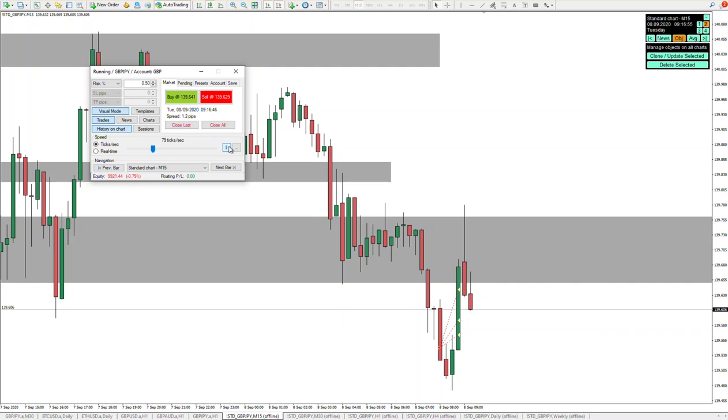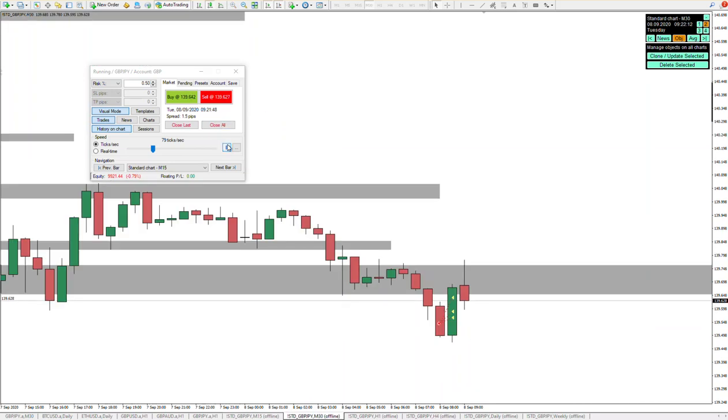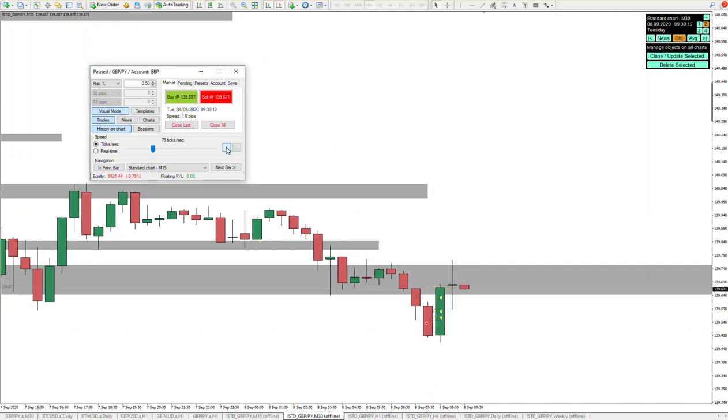Let's go up. Let's watch this candle. Let's watch the M30 candle close in 8 minutes. Like here, it's a doji.